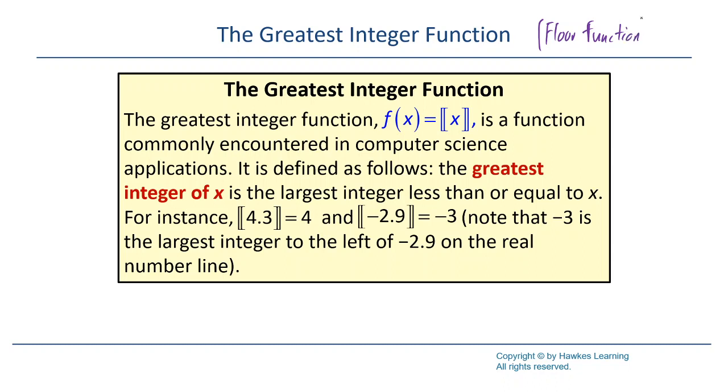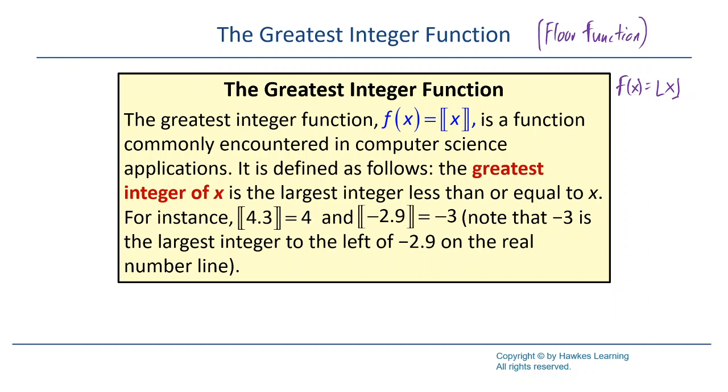And instead of seeing it written as these fancy brackets, sometimes you'll see it written like this, f of x equals this. Basically, I won't say chop off the decimal, because notice for -2.9, it's basically rounding it down to the closest integer below. Negative 2.9 rounds down to negative 3, because negative 3 is the smallest number below negative 2.9.